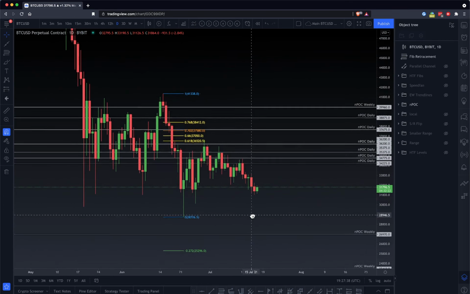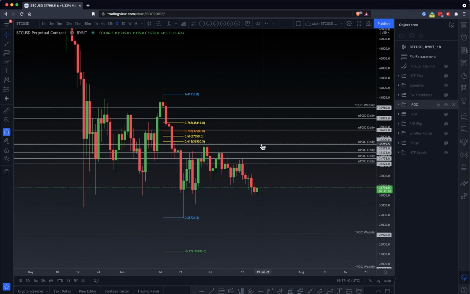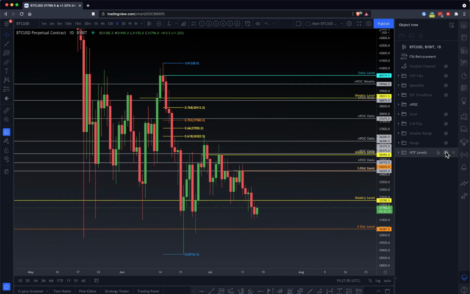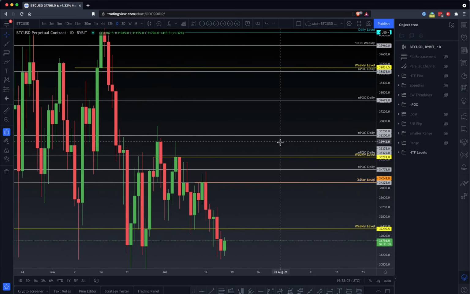But if I find a good short opportunity up here, if it's a swing failure pattern around this region, you have a naked point of control here. So yeah, this is another one that can be good.